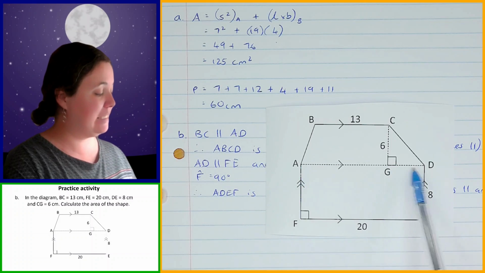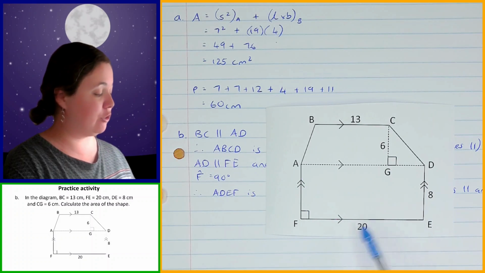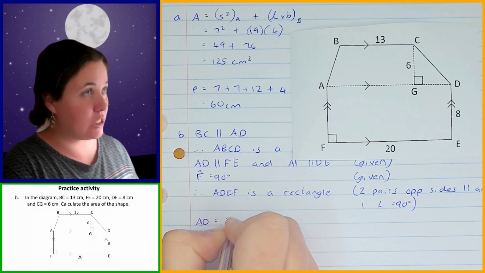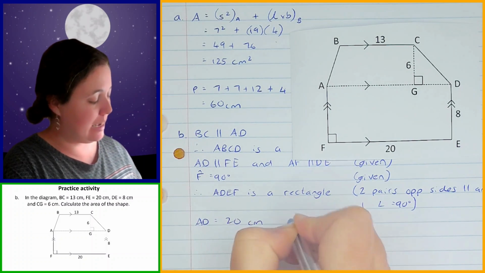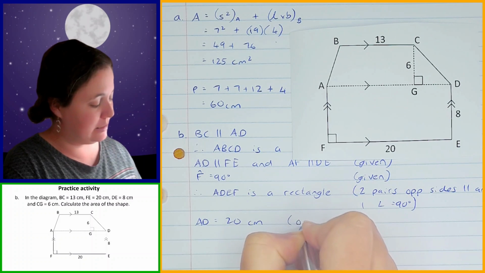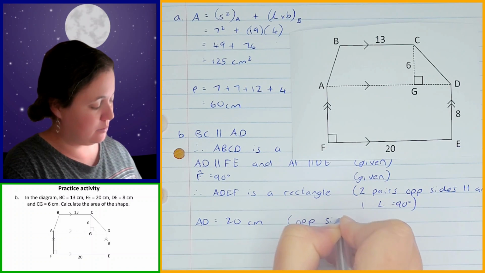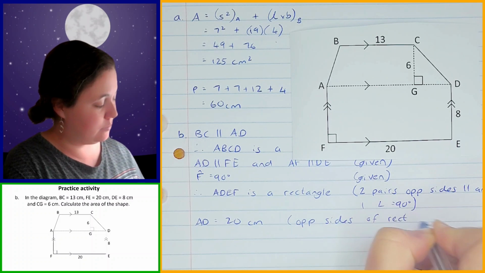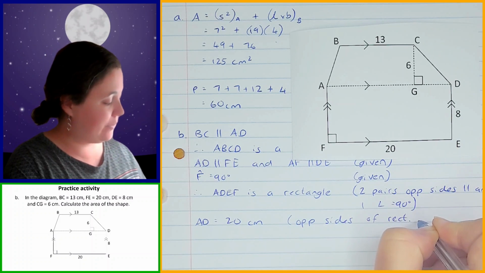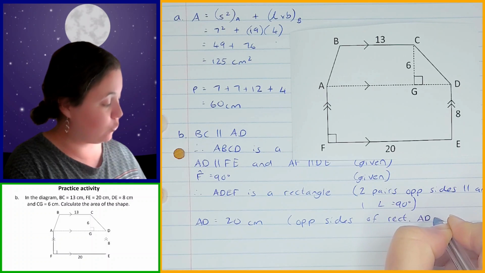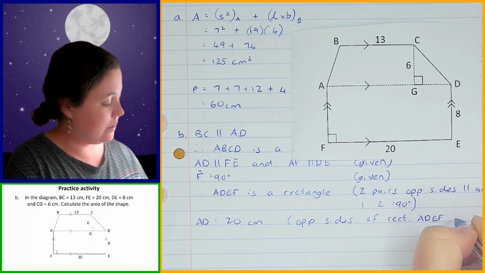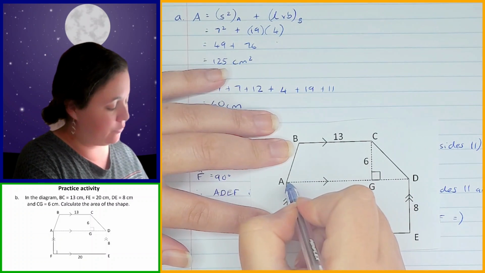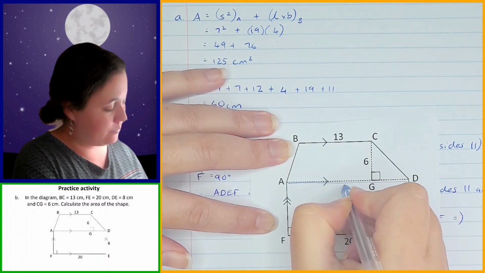So I can say that AD is equal to FE, which is 20 centimeters. I know that because opposite sides of rectangle ADEF are equal. So this whole length over there is 20.